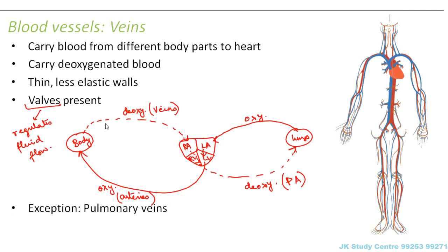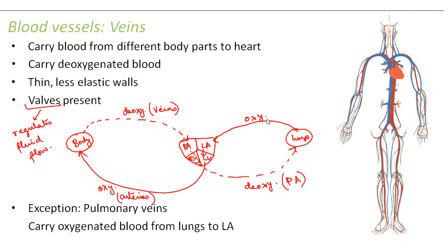So even for the veins, there is an exception, that is pulmonary vein. Like all veins carry deoxygenated blood, but pulmonary veins carry oxygenated blood from the lungs to the left auricle. That means this is done by the pulmonary vein. So whenever somebody asks you what is artery, arteries are those blood vessels which carry oxygenated blood.